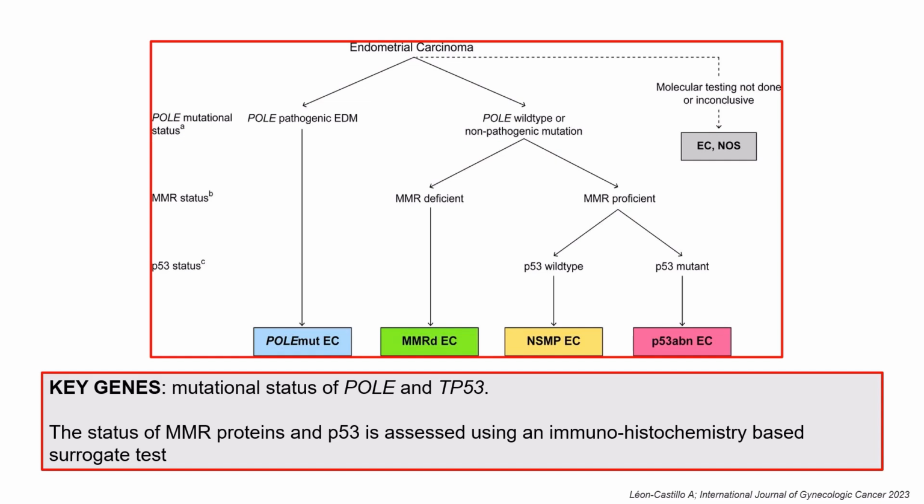That indicates a microsatellite instability. MMR deficient tumors are predominantly found in the hypermutated subtype of endometrial cancer and are responsive to immune checkpoint inhibitors, as I already said in the previous slide.